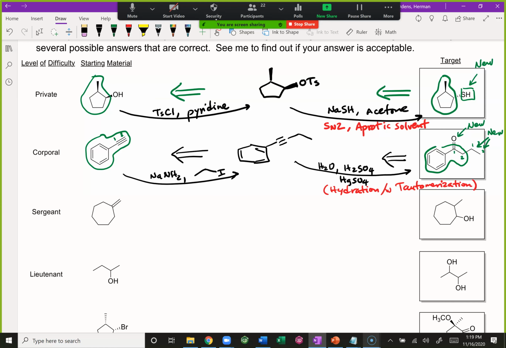All right, that will give you the final product. Notice that the OH will attach here on this carbon, and the H will attach here.